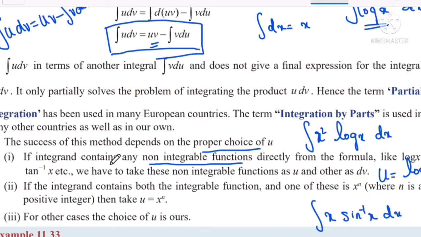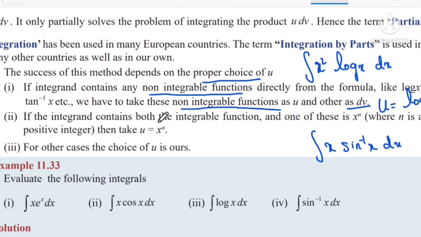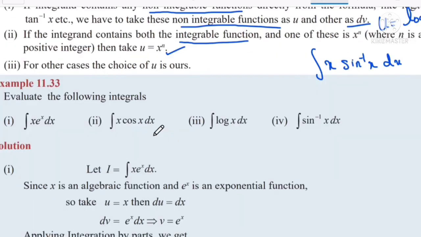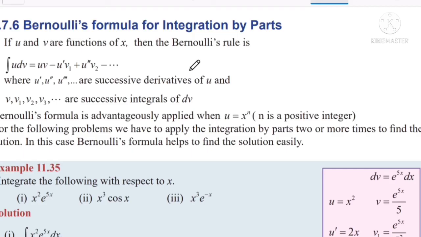If the integrand contains any functions not directly integrable from the formulas, like log x, tan inverse x, we take these functions as u and the other as dv. Suppose the integrand contains both integrable functions, take u as x power n. For other cases, the choice of u is ours.